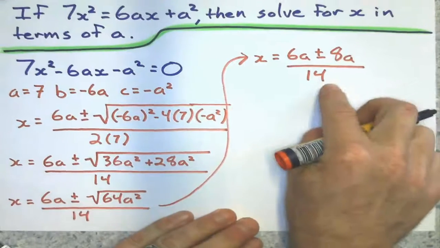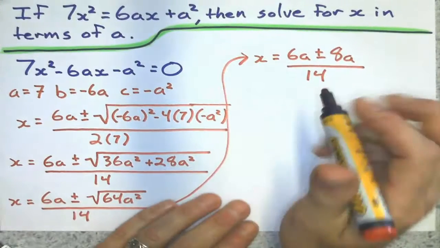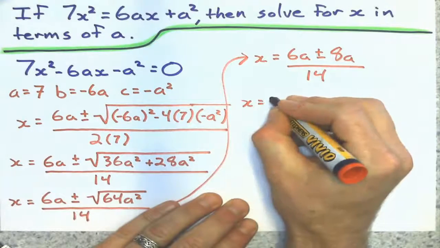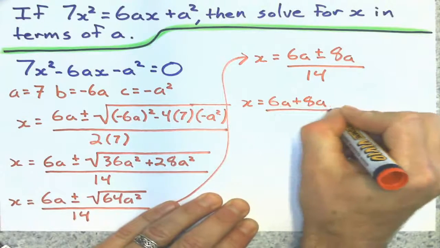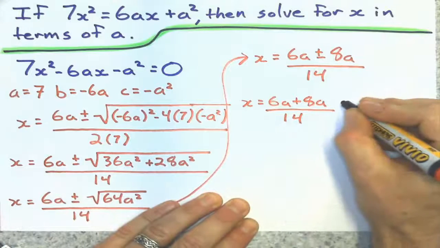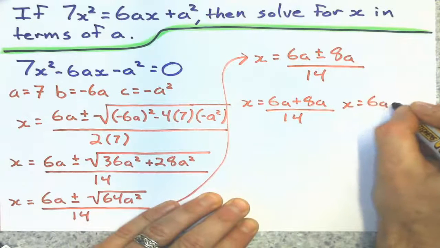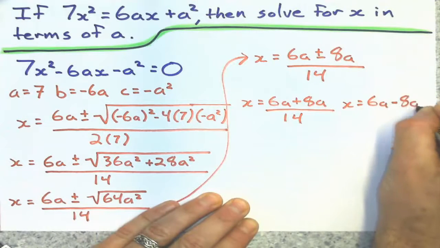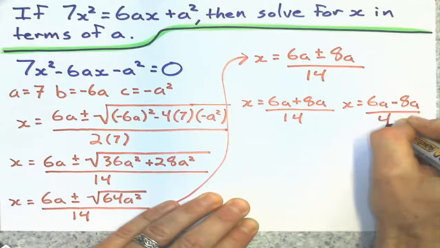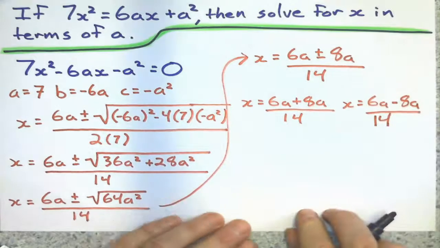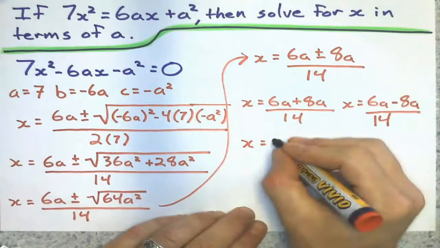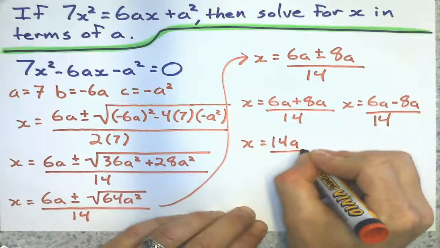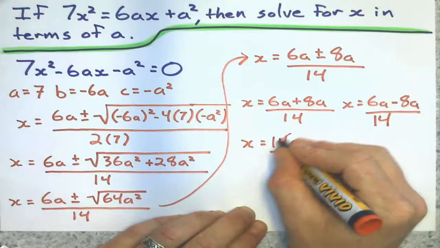All right, so of course it's a quadratic, so a lot of times I get two solutions. One of my solutions will be 6a plus 8a over 14, and my other solution will be 6a minus 8a over 14. And of course the first solution, the one on the left, gives me 14a over 14.